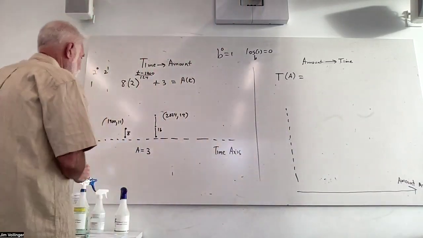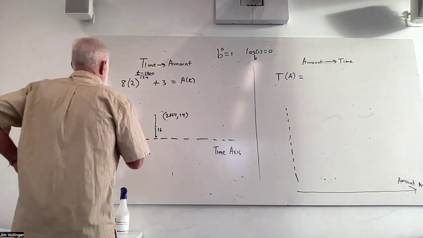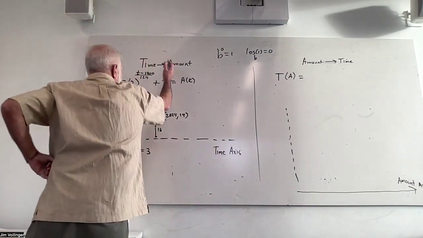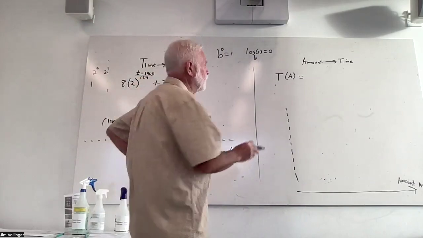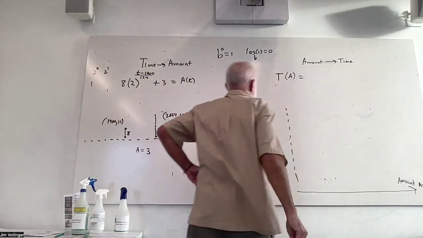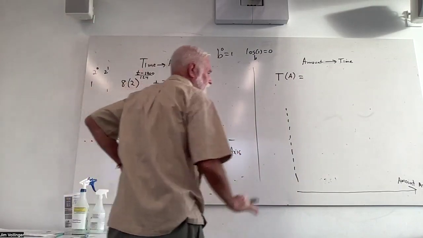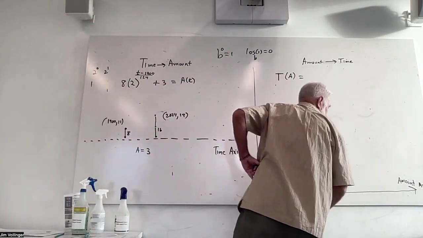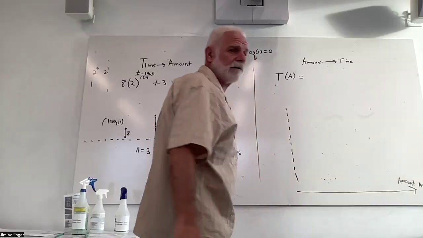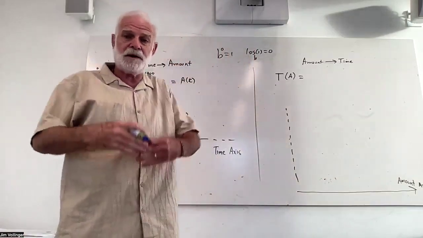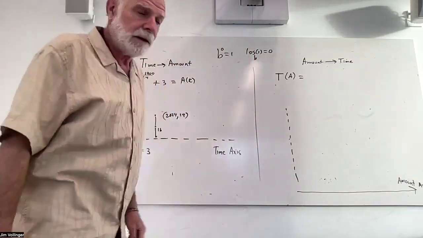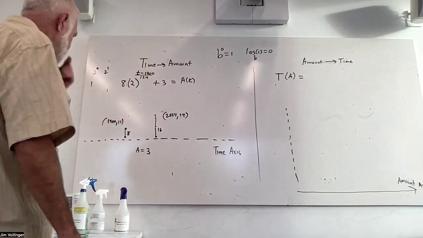We're going from time to amount, and the inverse of that is amount to time. Our x-axis on the left is a time axis, and our x-axis on the right is an amount axis, right? Where I give you the amount of bacteria in a petri dish, and you tell me at what moment you have that amount. Trying to keep it simple here.